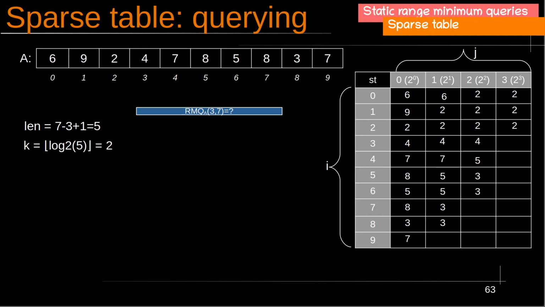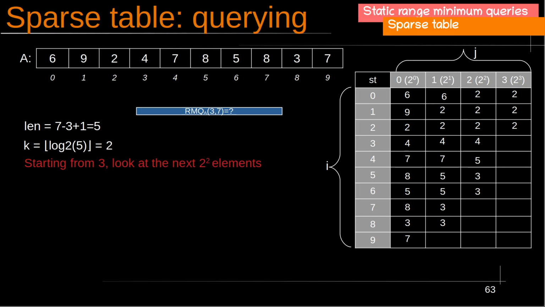We're also going to compute the greatest power of 2 that could be contained in 5, which is 2. 2 power 2 is 4, as we have seen in the first slide. k is the greatest power of 2 included in the sum of powers of 2 of 5, because 5 could be written as 2 power 0, which is 1, plus 2 power 2, which is 4. So we have found the power here, 2. 2 power 2 is 4.